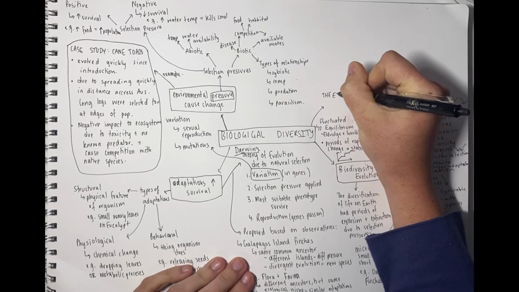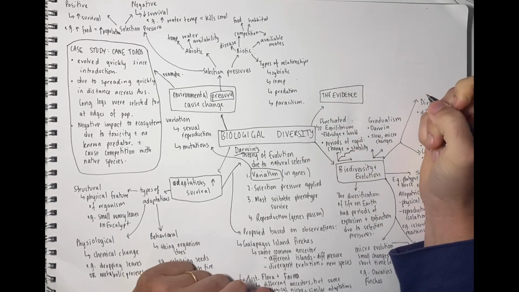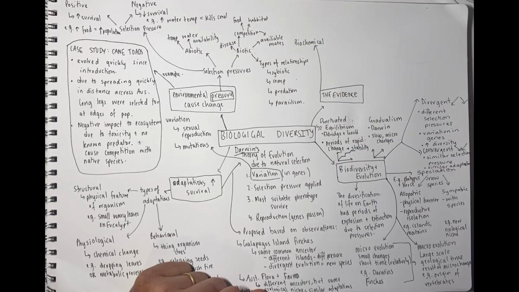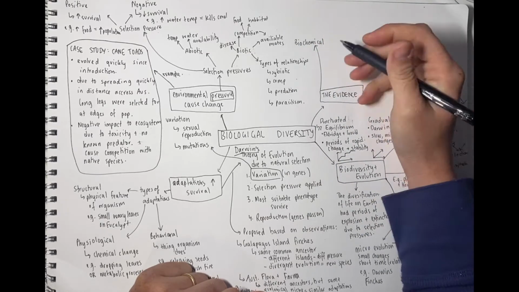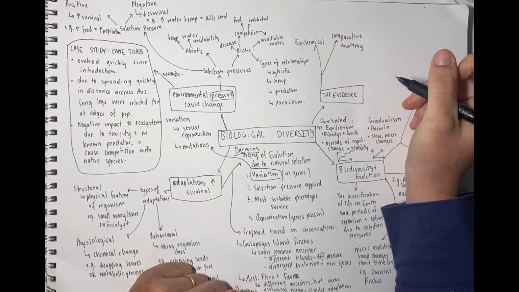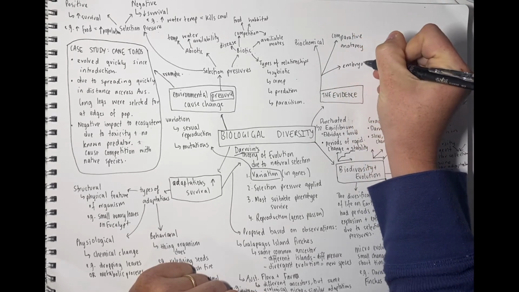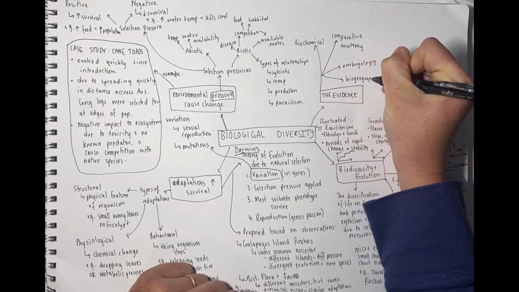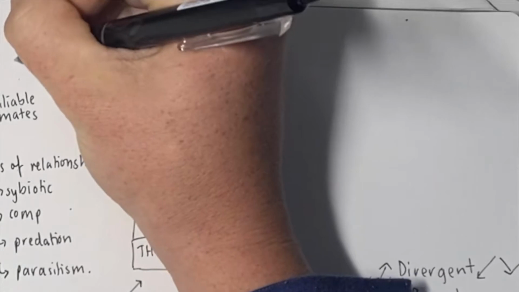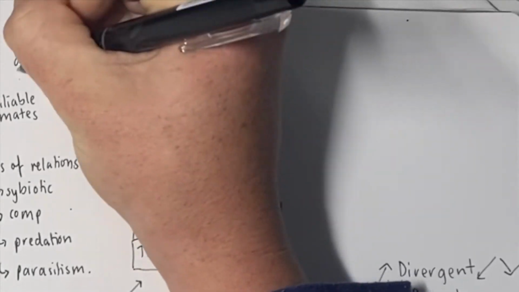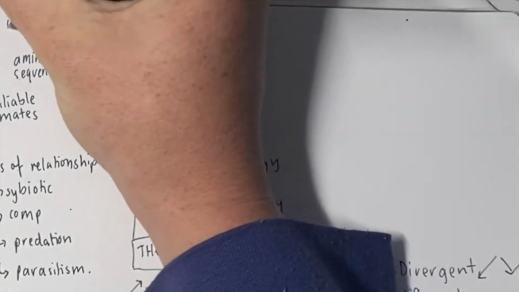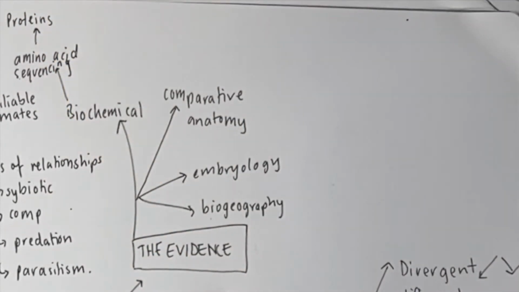This brings us to our last inquiry question, which was looking at the evidence that supports the theory of evolution. The main parts of evolutionary evidence that we looked at were biochemical evidence, comparative anatomy, embryology, and biogeography. Biochemical evidence can include amino acid sequencing, where comparing proteins between species is used to determine relatedness.